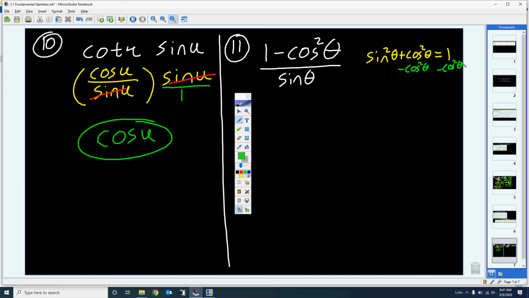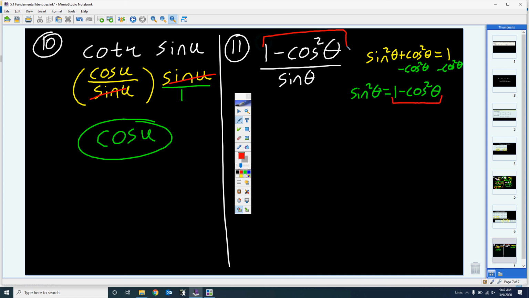If I do that, I get sine squared theta equals 1 minus cosine squared theta. Well, this right here is exactly what I have right there.